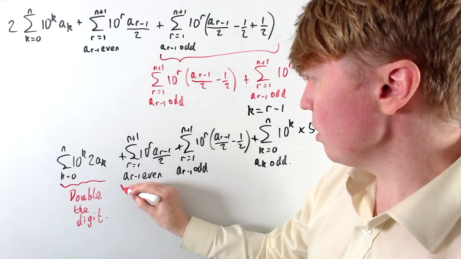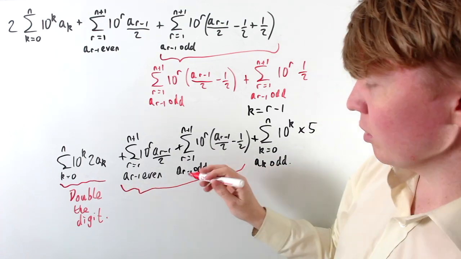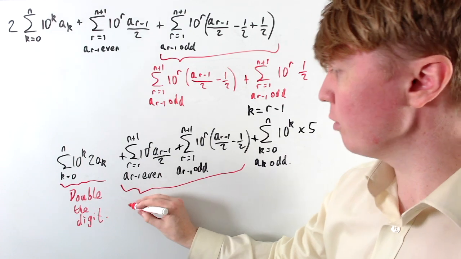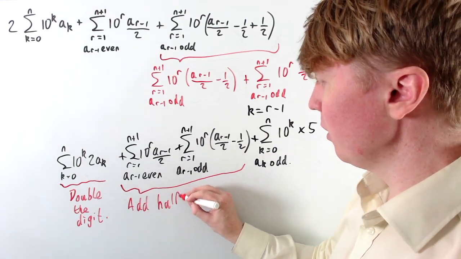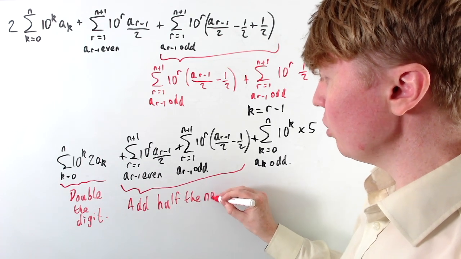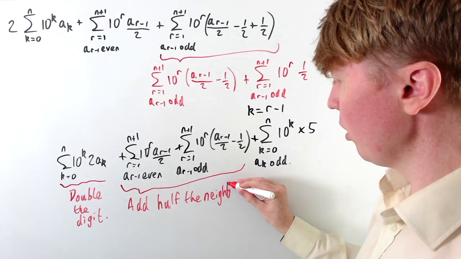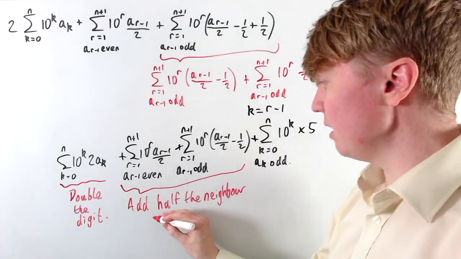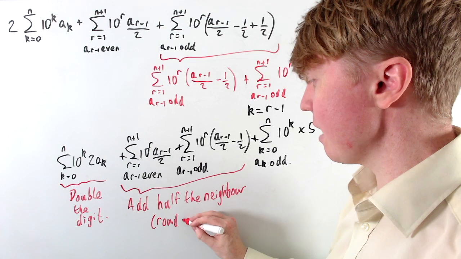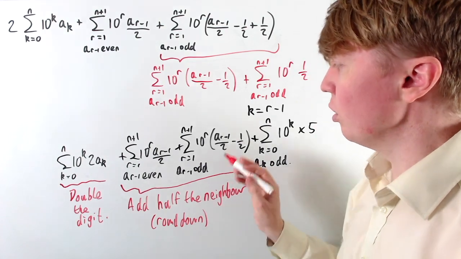So for these two sums here, we're effectively just saying we add half of the neighbour to the right for this step, so add half the neighbour. And we also include this nuance now of subtracting a half when we have an odd number. So this includes the nuance here of rounding down if we have an odd number divided by 2.